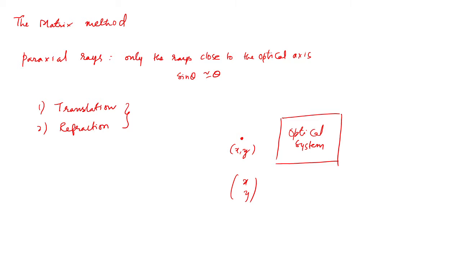Based on all those things, I can come up with a 2 by 2 matrix. And when I operate this 2 by 2 matrix on the initial coordinates x, y, I will get where my light from this point will end up, at x prime, y prime. So to make it very simple and straightforward, instead of drawing rays.